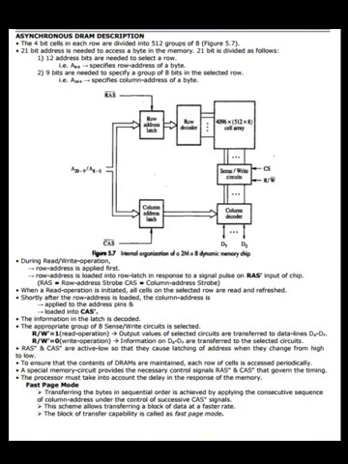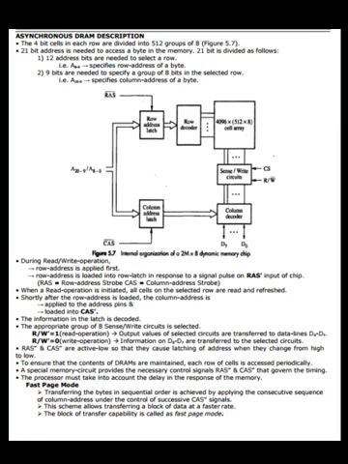RAS' and CAS' are active low, so they cause latching of the address when they change from high to low. To ensure that the contents of DRAMs are maintained, each row of cells is accessed periodically. A special memory circuit provides the necessary control signals RAS' and CAS' that govern the timing. The processor must take into account the delay in the response of the memory.